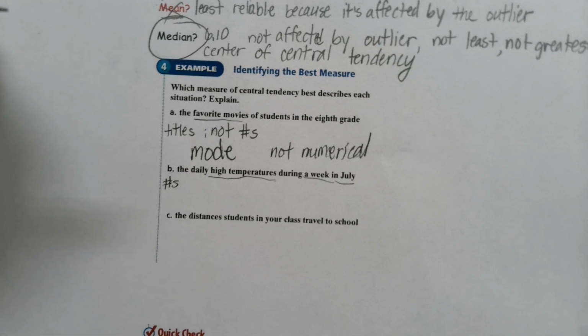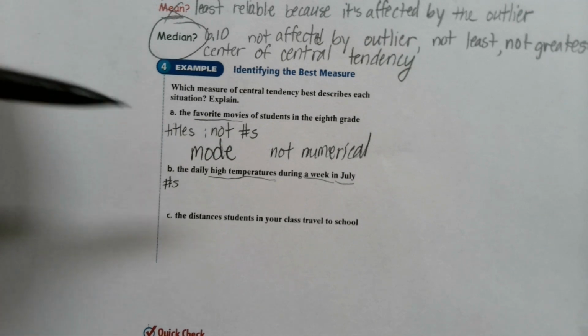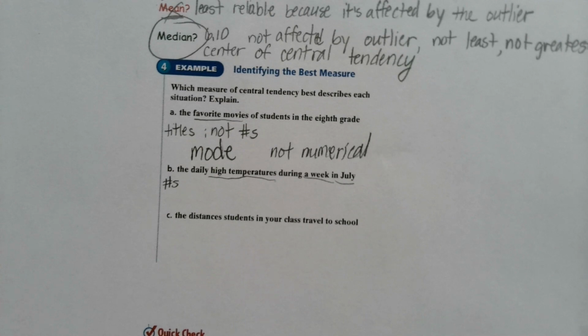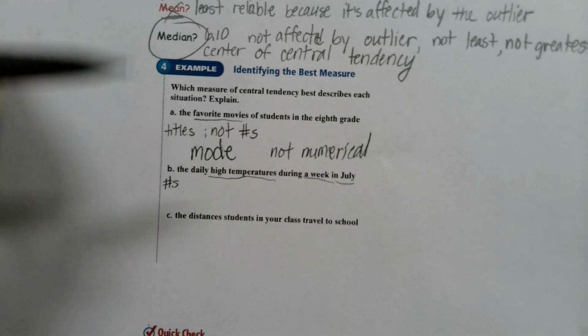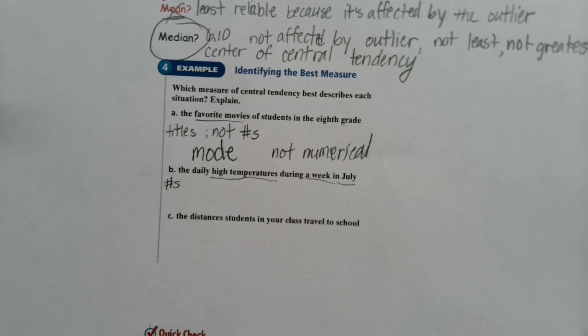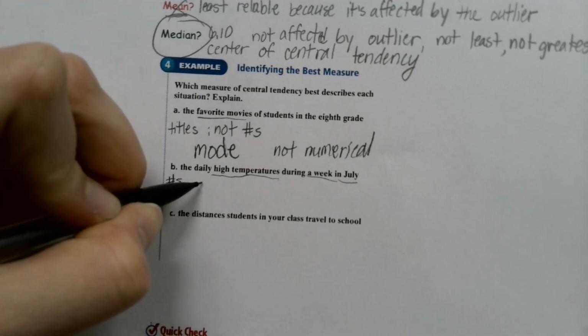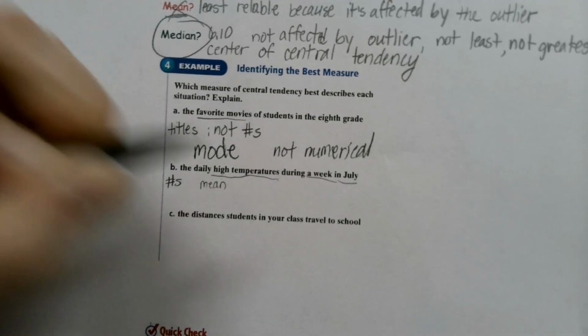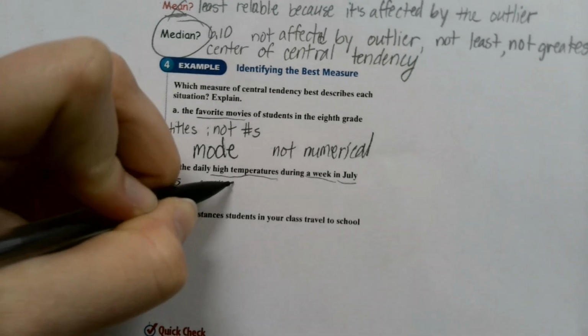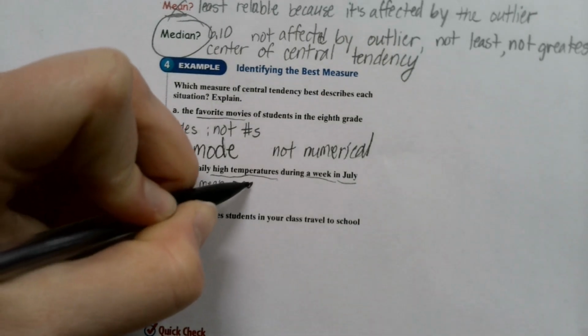So we could take in mind, well, depending on how many really, really hot days there are, that could have an effect. Maybe there's one day in July that is really, really cold in comparison to the rest. So I would say the mean in this case may not be the best because there could be an outlier.